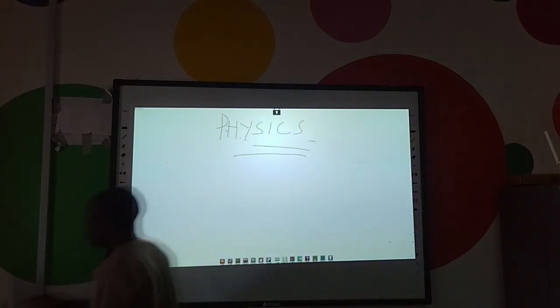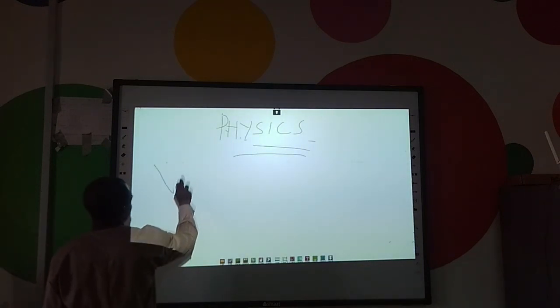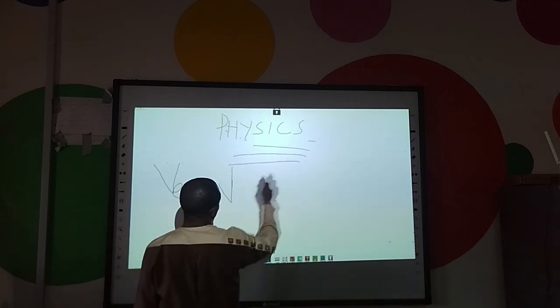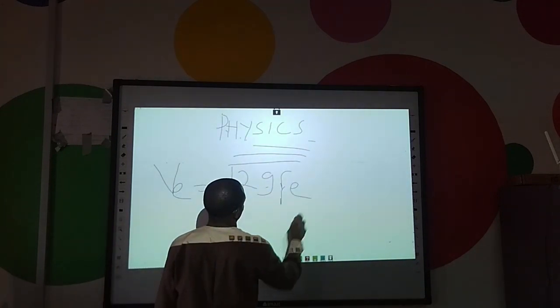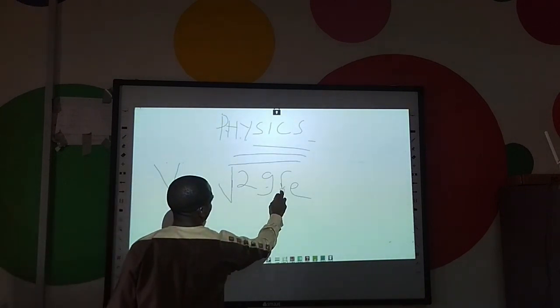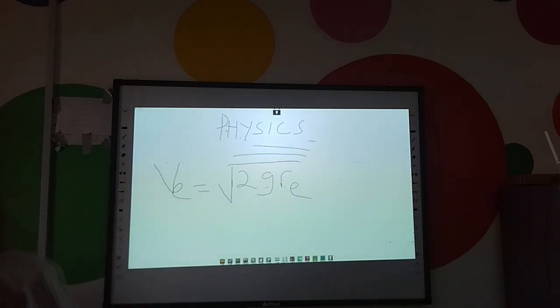V E equals the square root of 2 g R E, where g is the acceleration due to gravity and R is the radius of the Earth.